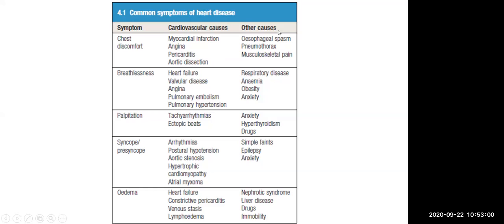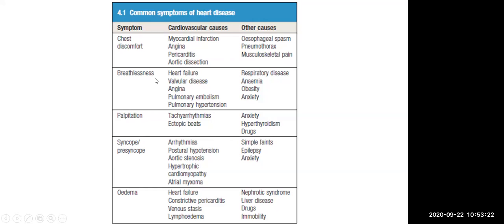Then other causes: esophageal spasm, pneumothorax, musculoskeletal pain. So you need to differentiate the cardiovascular causes from other causes. And remember that this pain can occur in these situations.